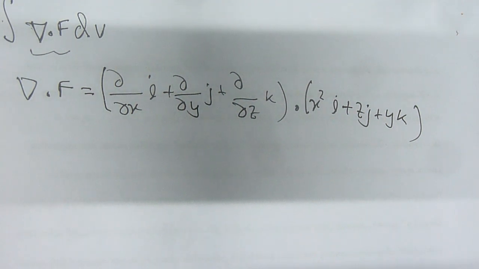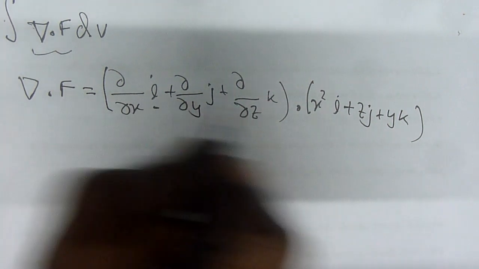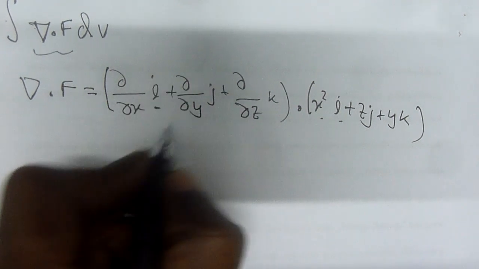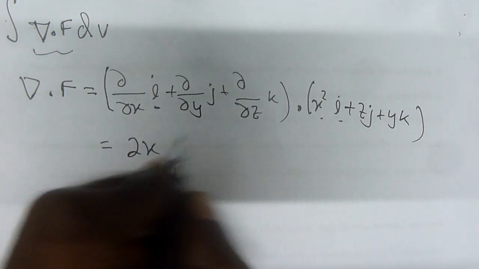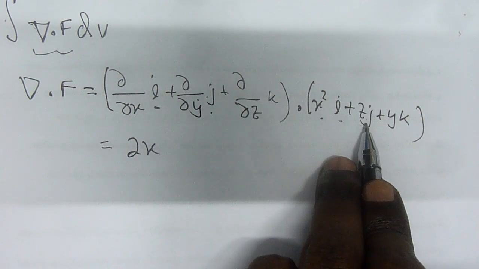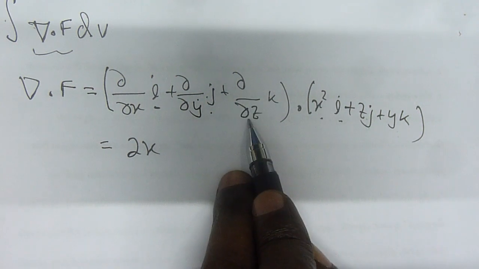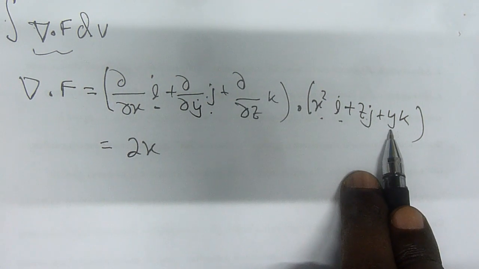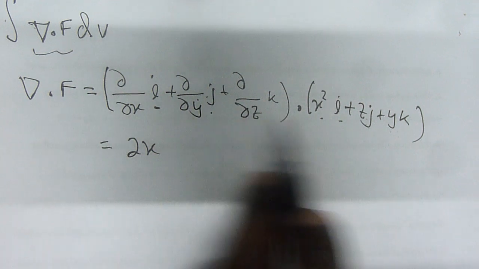Most of the time students confuse the dot and the cross product, but this is a dot. We use i with x, so differentiating this you get 2x. Then for j it is 0, and the derivative with respect to z is 0. That means the divergence of this F here is 2x.